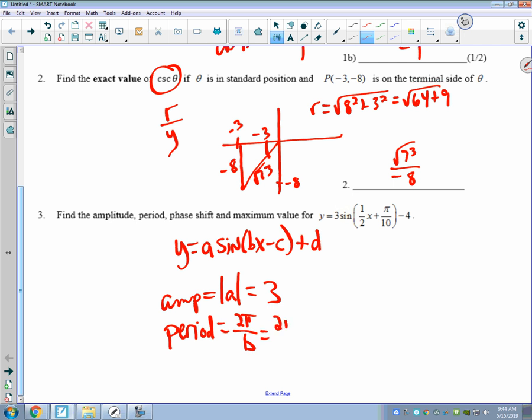So in this case, that's 2 pi over 1/2 without a calculator. Remember that dividing by 1/2 is the same as multiplying by the reciprocal. So that's really 2 pi times 2 over 1. So that's really 4 pi. The phase shift.